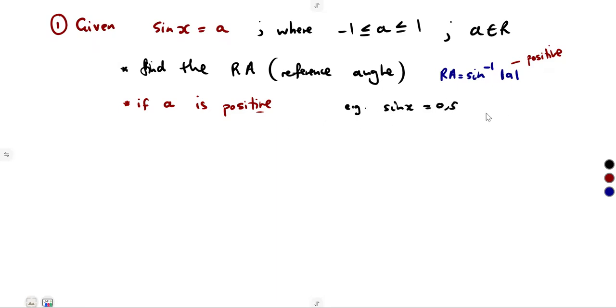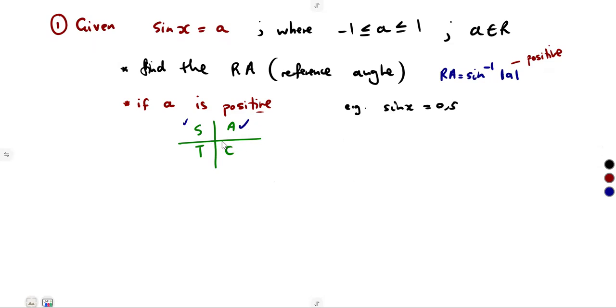When it is positive like that, we consider the quadrants where sine is positive. From the CAST concept, sine is positive in the first quadrant and the second quadrant.